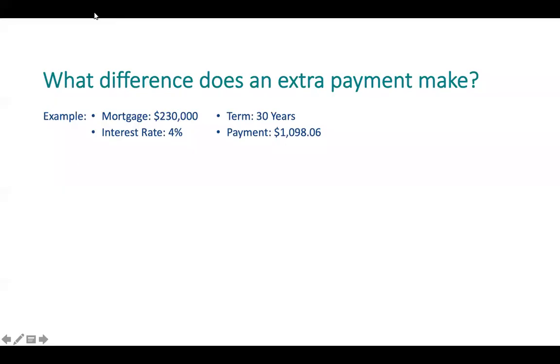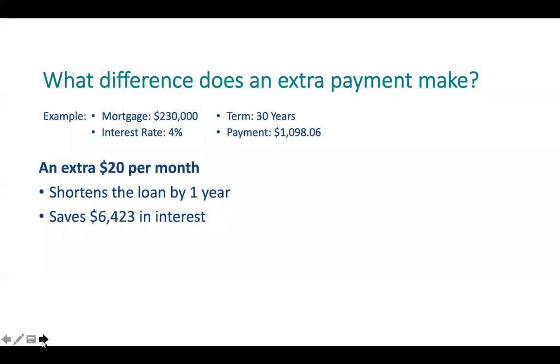I have a few examples here of how that works, just to give you some numbers, so you can see the effects of paying extra. On the example that I showed you earlier, I used a mortgage for $230,000. I did a 30-year term, an interest rate of 4%, and the payment ends up being $1,098.